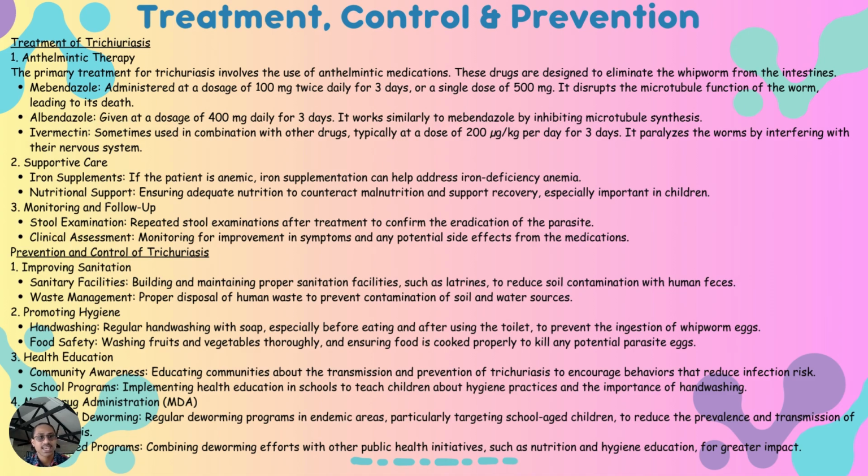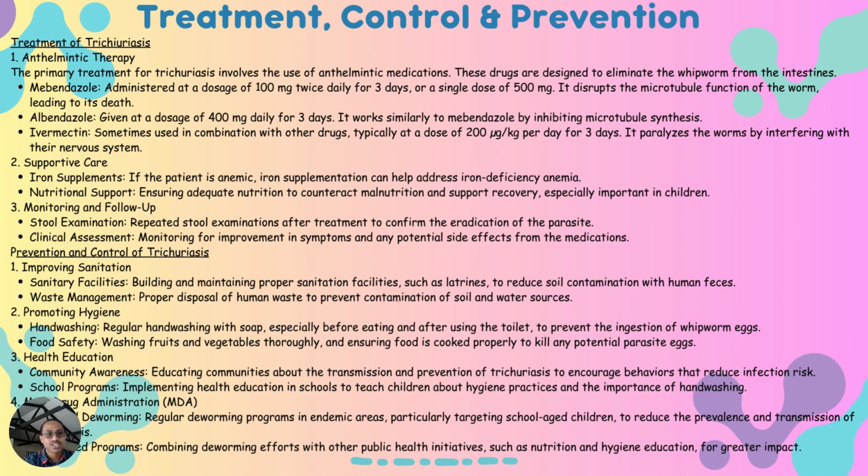Some iron supplements can be given for those who are suffering from anemia. For those who are suffering from malnutrition, usually some nutritional support is given, and clinical assessments and tracking are usually done hand in hand to check whether the patient is improving or not.